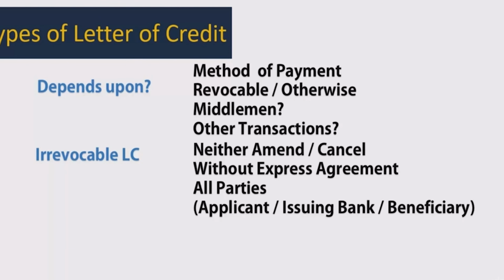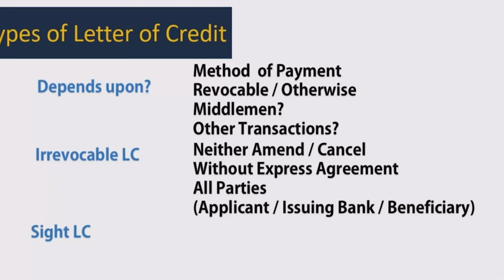Then we can also have two or three other classifications or types of LC. One, we have the sight LC. Sight LC is a case where the seller is not giving any credit to the buyer.